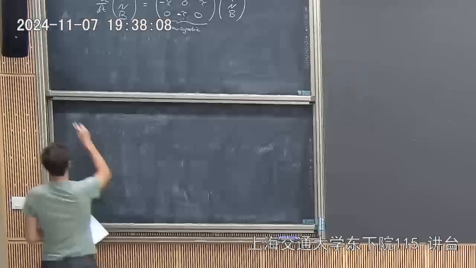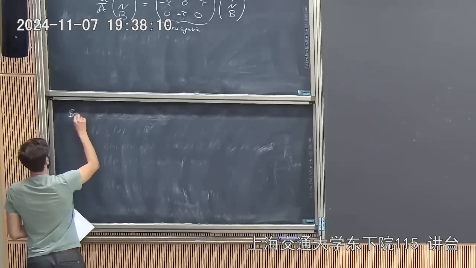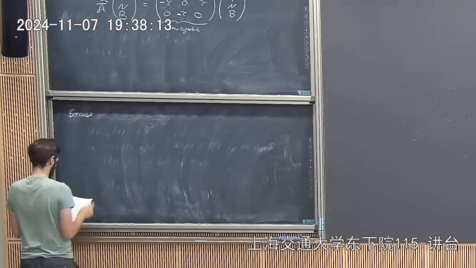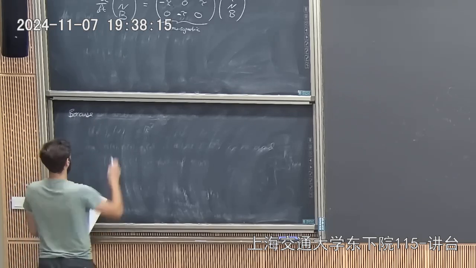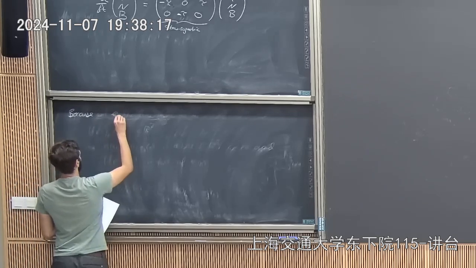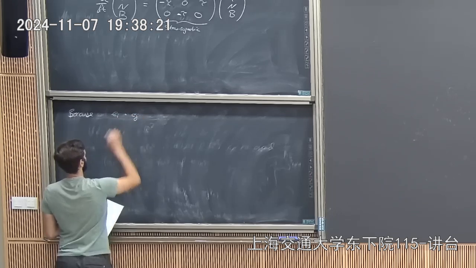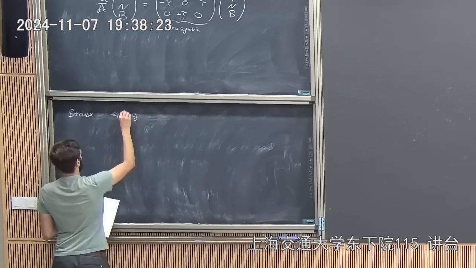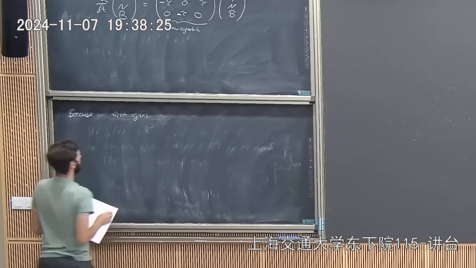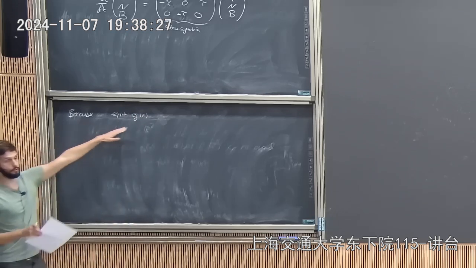So what we can do is use our original trick. We say that e_i and e_j, the inner product at a point x, is always a constant function.